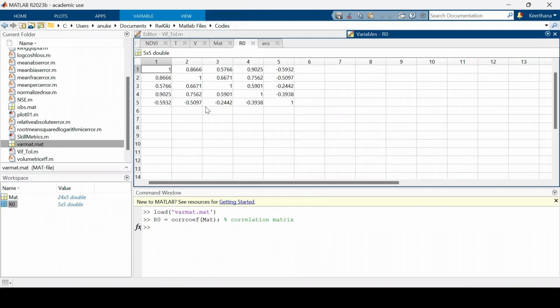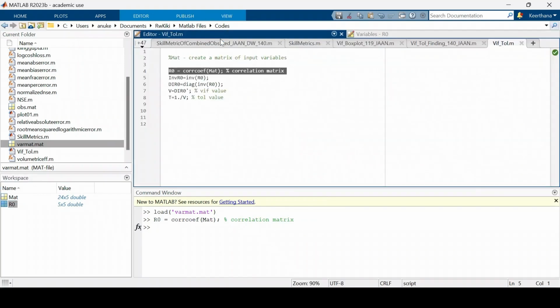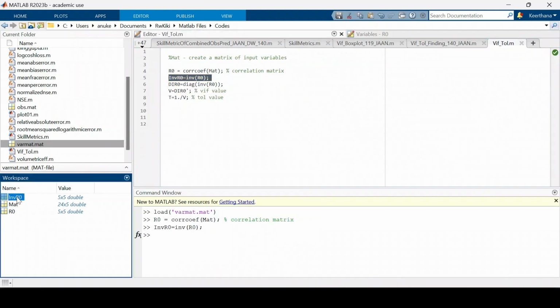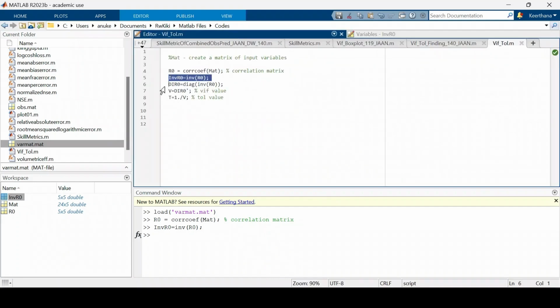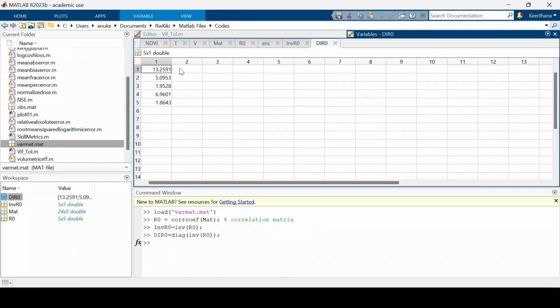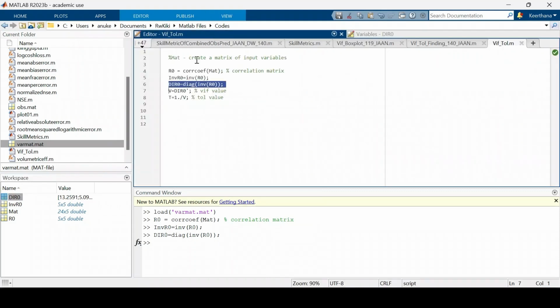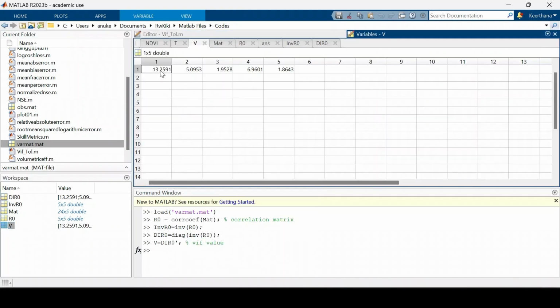So this is the correlation matrix. Now, the inverse of the correlation matrix. So this is the inverse of the correlation matrix. Diagonal elements of the inverse correlation matrix. VIF will be the transpose of that.